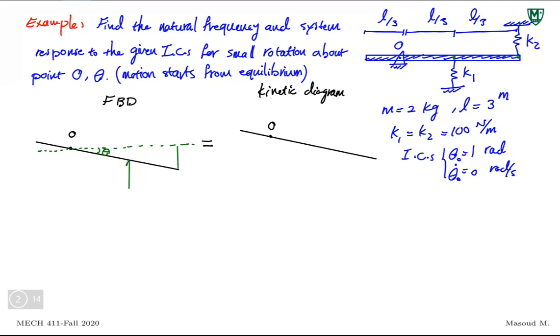So in this case, they're going to be upward, because they want to push it back to where it was, assuming that the horizontal line is the equilibrium position.